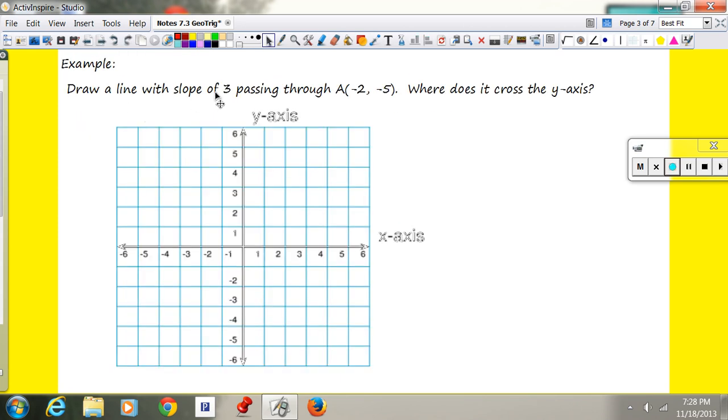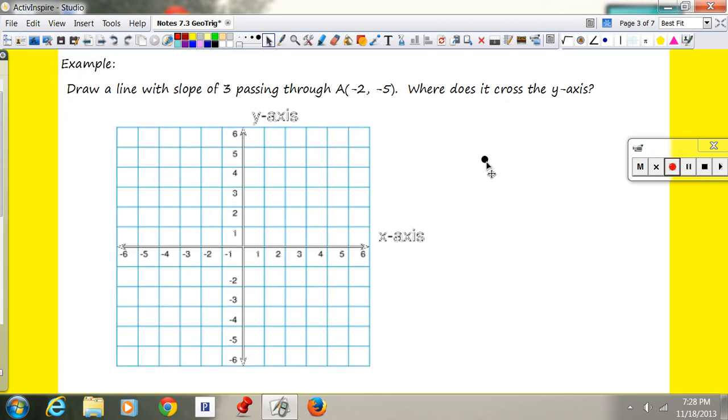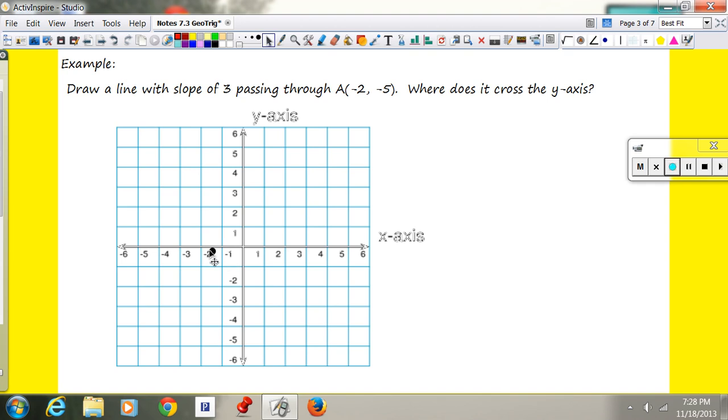Draw a line with a slope of 3 passing through point A. All right, let's find point A first. Point A is the point -2, -5. And if I want a slope of 3, I need to do rise 1, 2, 3, and run 1.